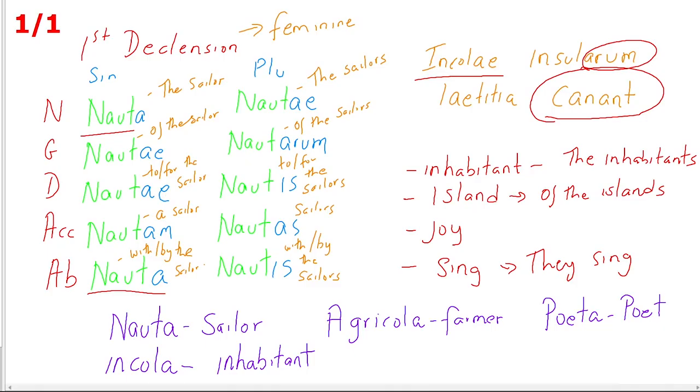So nominative is already done, right? You already have the subject. So therefore, laetitia here is in the ablative. Therefore, with joy.